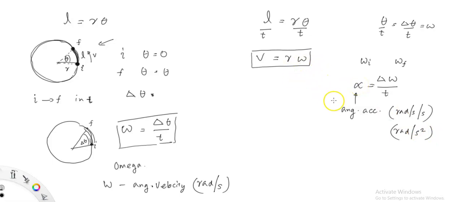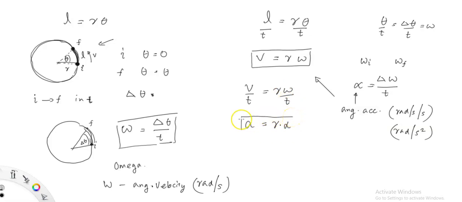Now let's go back to this equation over here. What if I divide both sides by time? V over t equals r omega over t. We know that a linear velocity divided by time gives us acceleration. Over here, r omega divided by time, alpha, angular acceleration.